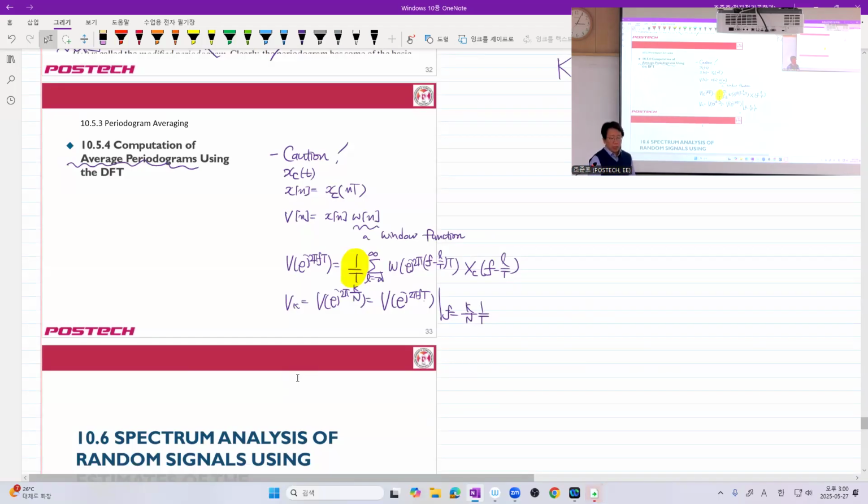So if you have to use this periodogram averaging approach to estimate the power spectral density of, for example, an OFDM signal or something, then be careful about scaling. Okay? So if something's wrong and you don't know what is going on, then look up this page and study carefully, and you may find, hey, got it, what was wrong.